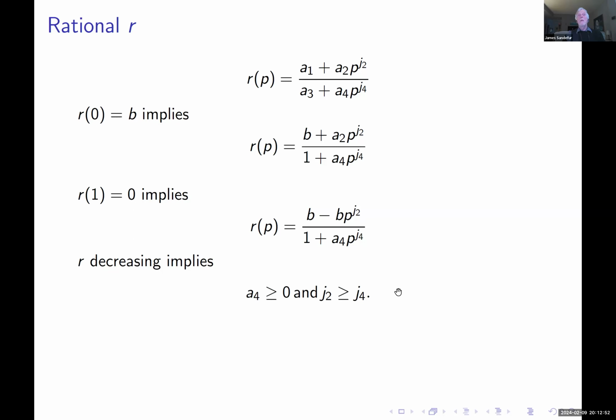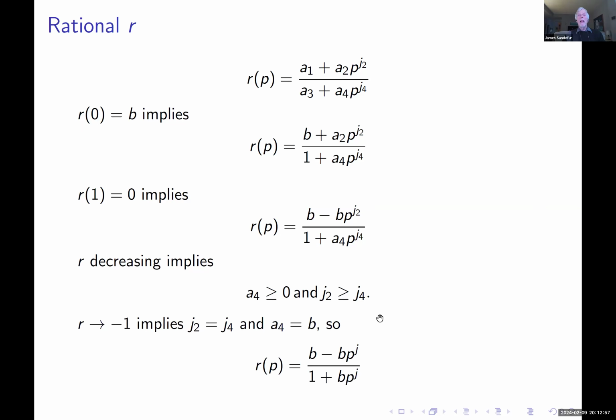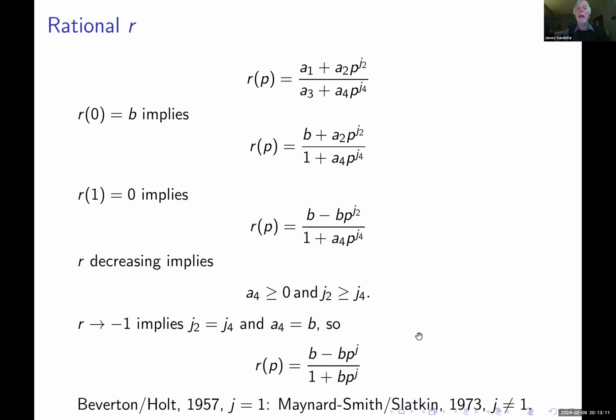Now, if we want to add our discrete problem, then as R goes to -1, J2 has to equal J4, and the A4 equals B. So this is the one model if you're using a discrete rational function.